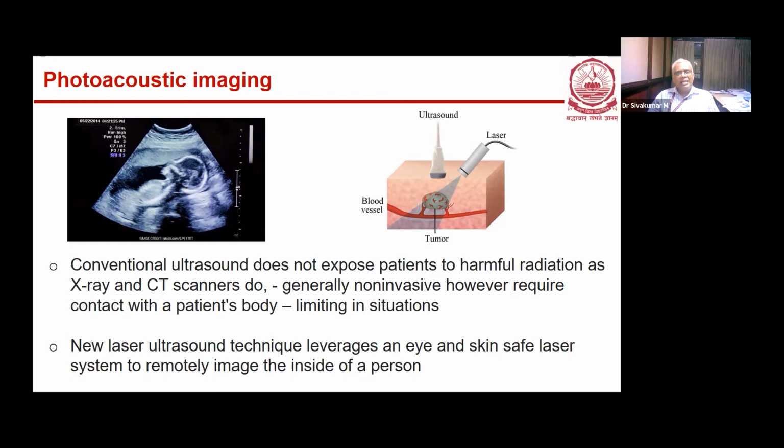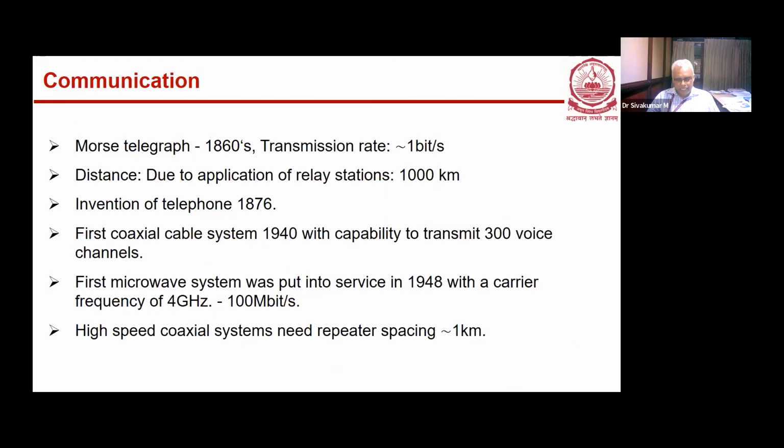Then lasers can be very useful for communication purposes. In communication nowadays, fiber optic communication mainly uses lasers. Compared to communication 20 years ago, when we had no cell phones, even here in Amrita, from one campus, one building, to another building, we have fiber optic cables, so that data can be communicated through lasers.